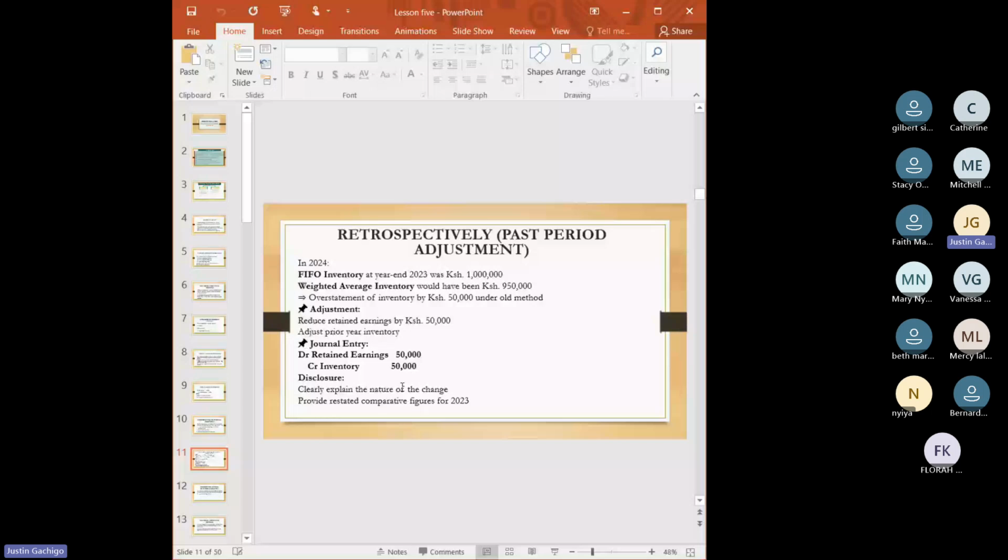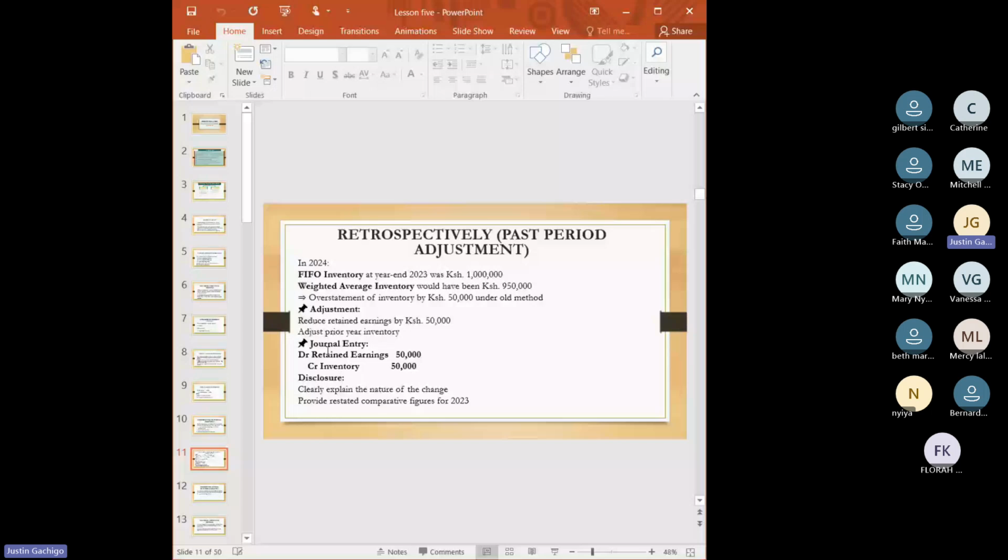Remember the double entry concept where we normally say increase in asset you debit, decrease in asset you credit. So in this case, the inventory is an asset and it has decreased from 1 million to 950. So it has decreased by 50. So that 50 is the one that you are going to credit. And then the other entry goes to the retained earnings.